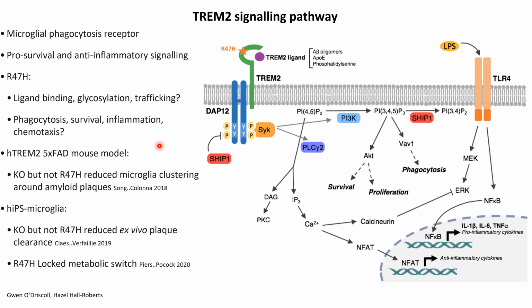But when they're activated, they switch to glycolytic metabolism to be able to produce at very short notice enough energy for all of the inflammatory functions that they need to undertake. And this switch seems to be locked in the TREM2 R47H mutation. So that's really interesting. That's something rather different from what we've been looking at.